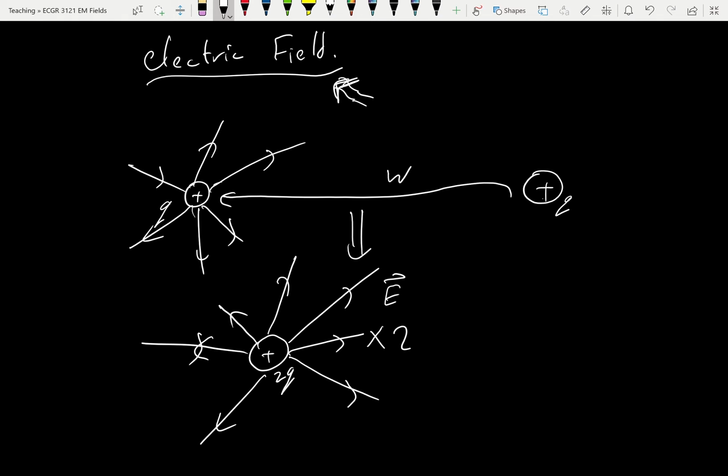So it makes sense to say that the work that I've done, the energy that I've put into the electrostatic system, manifested itself in the increased electrostatic field. Therefore, the electrostatic field is where the energy is being stored.